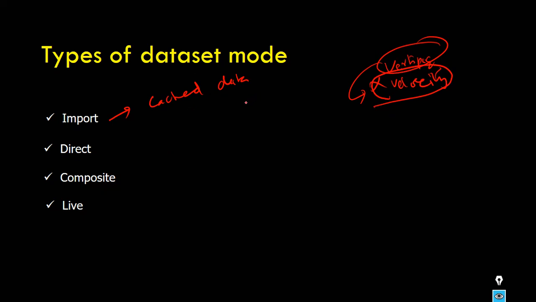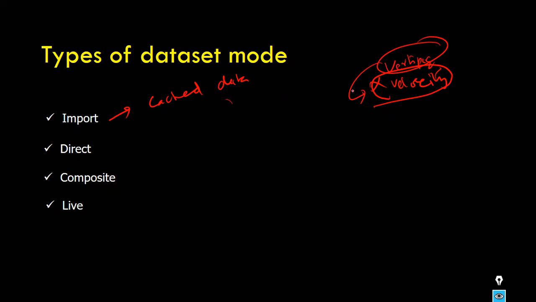Whenever you use the import connectivity, for example, you connect to SQL Server using import connectivity mode, and then you load the data into the report file itself. For example, the dim location, you loaded it, right? So in that case, it loads the data in your Power BI report file itself, and then the data will get cached in memory.